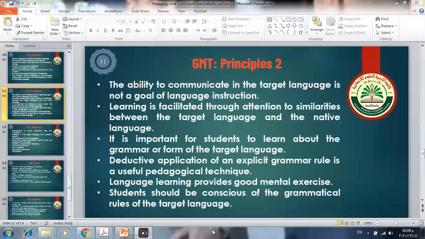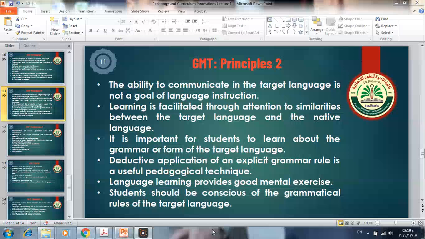It is important for students to learn about the grammar or form of the target language. So it is a very basic principle that the student should learn about the grammar and structure of the language they are studying.